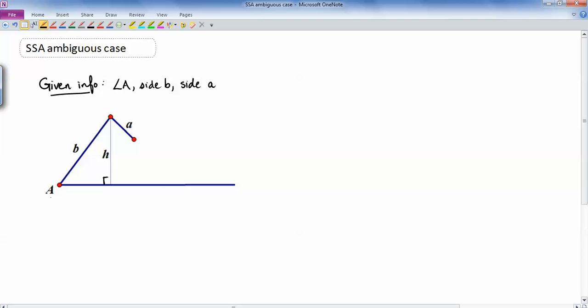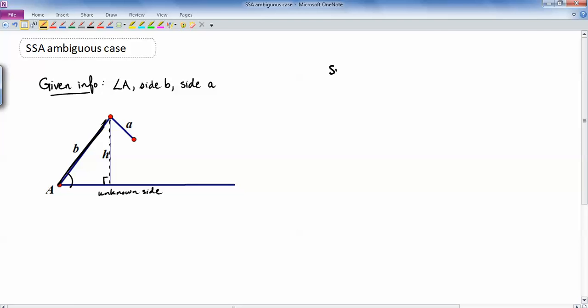So the one thing you can determine, if you put the unknown side on the bottom here, you can just assume it's however long it needs to be. Since angle A is locked in, and side b is locked in, you can always figure out just from that what the height of the triangle has to be.